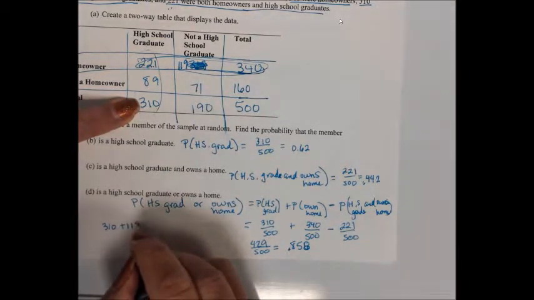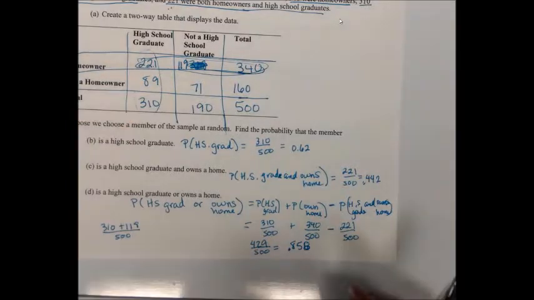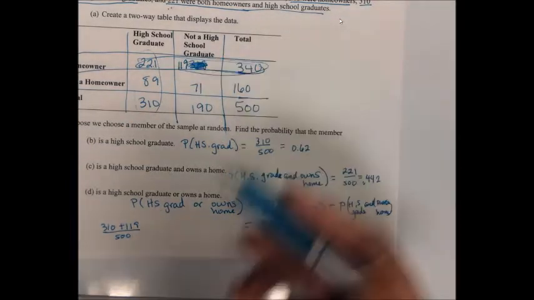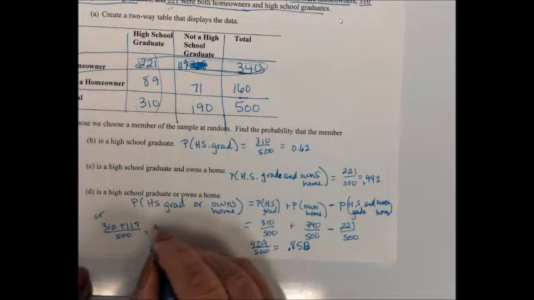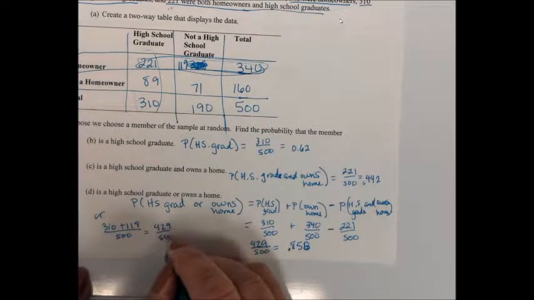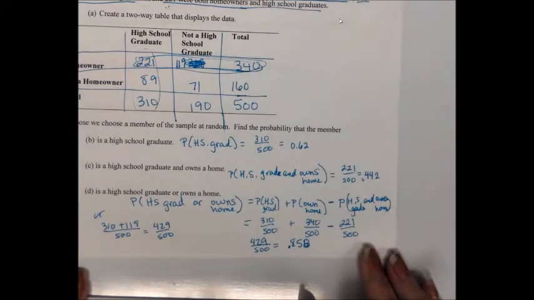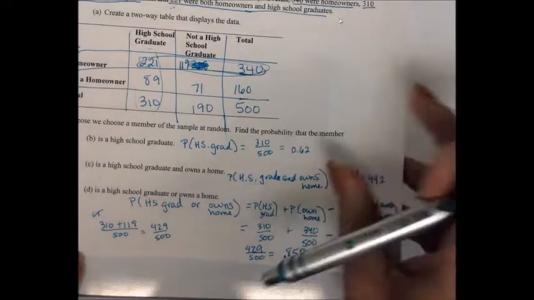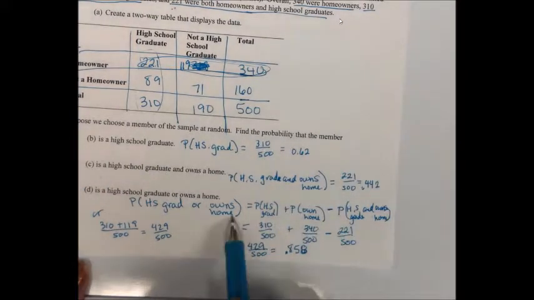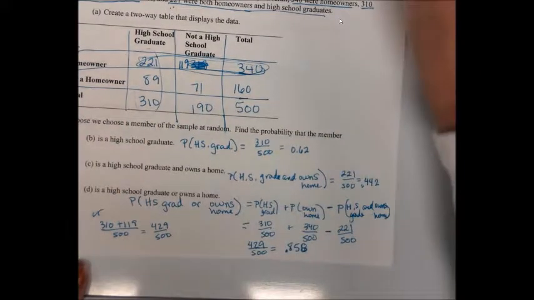So with the table, I could have also just made sure that I did not include that 221 twice, and I could have just gotten straight to my 429 out of 500. But if you like to show your work and show that you're using the formula, this is what you would want to write down. But this is perfectly acceptable as well. And that's why the tables are helpful and why I don't really need to know the formula, because I can just look at the numbers on the table to answer my question.